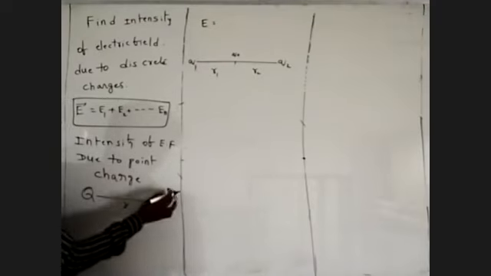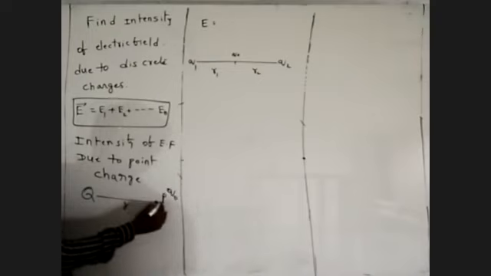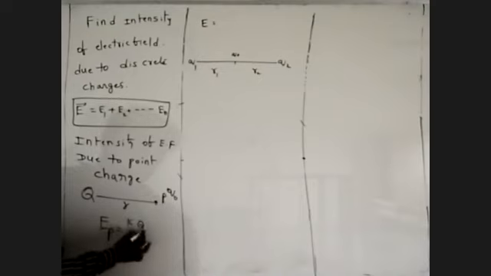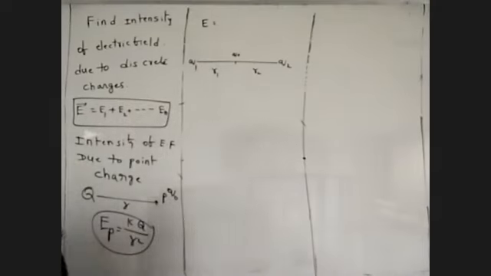Distance between them is R. At this point P, we have to find out the electric field, which is equal to K into Q by R square. This is a very important formula. K means 1 by 4 pi epsilon.